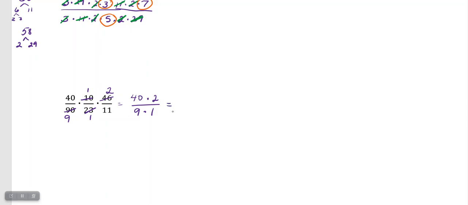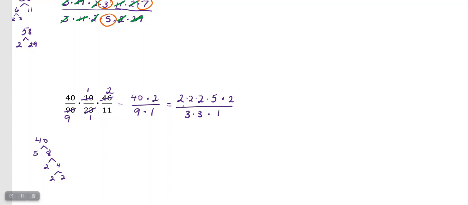And if I take them all the way down to primes, 40 is 5 times 8. 8 is 2 times 4, and then that 4 is 2 times 2. So 1, 2, 3 2s and a 5. And a 5, and then I've got this other 2. 9 is 3 times 3, then times my 1.